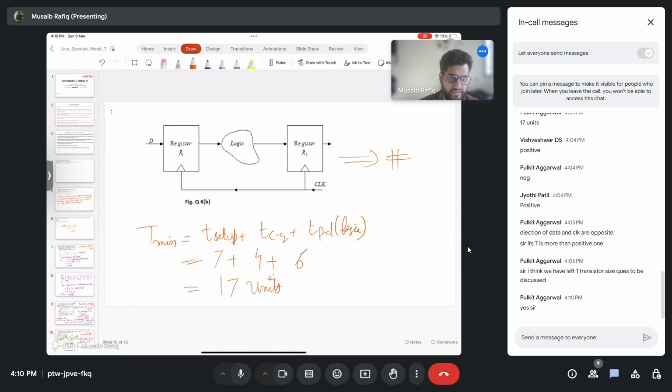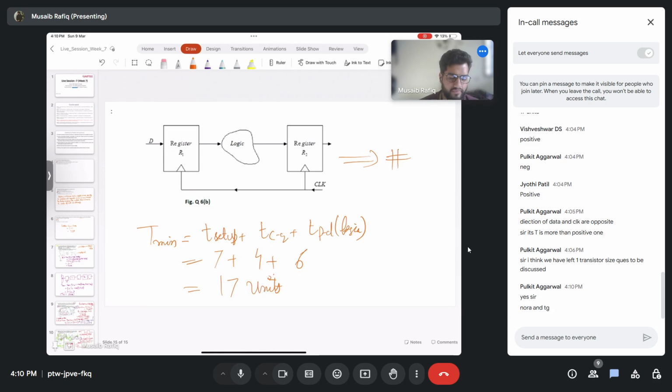I see some of the participants here, they are regular at least, so maybe they can. Yeah, Nora, I discussed it twice, but still, the transmission gate problem. I think I showed you the implementation of sum and carry block using transmission gate logic, right?